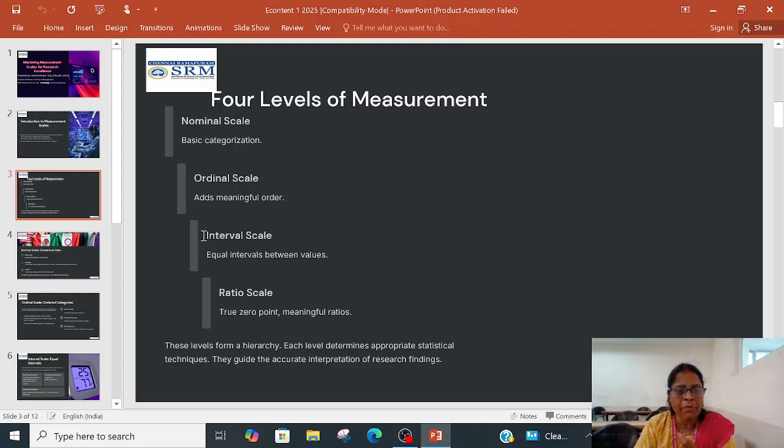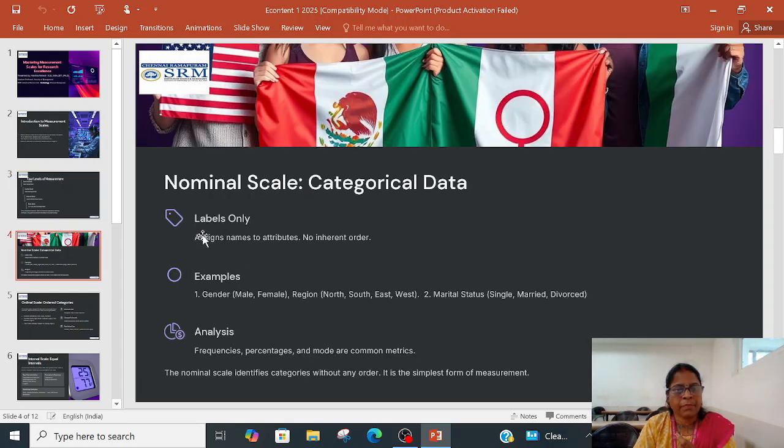There will be equal intervals between values. Ratio scale, true zero will be there. Meaningful ratios can be taken. Meaningful comparisons can be done. So, these four levels of measurement guide the accurate interpretation of our research findings. Now, we will discuss each in detail.